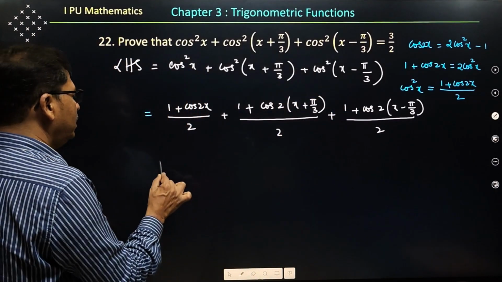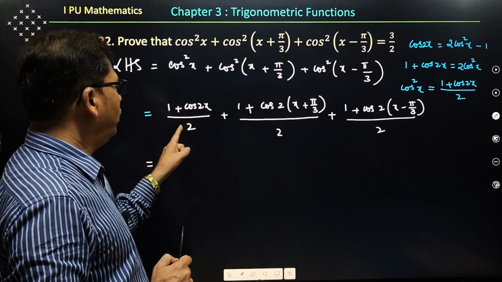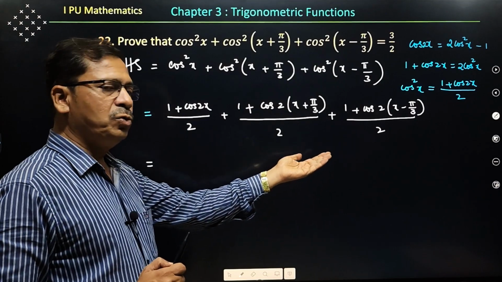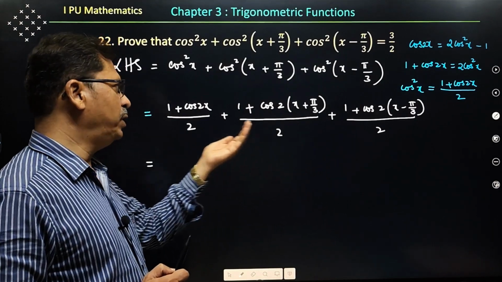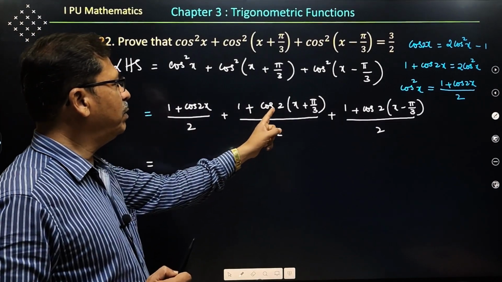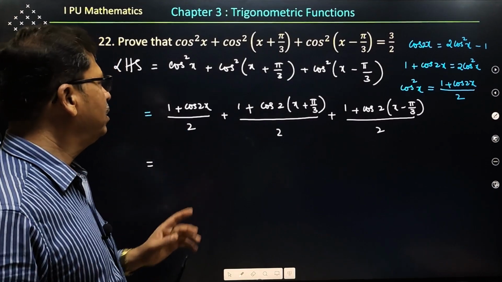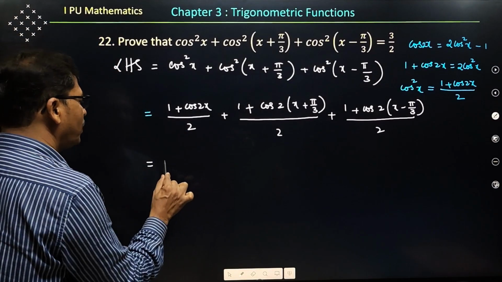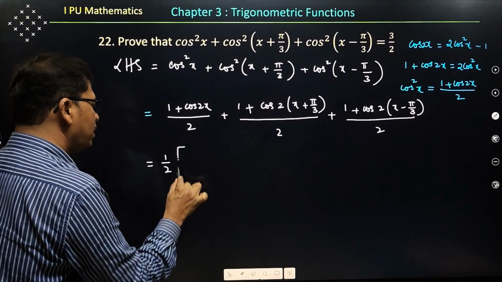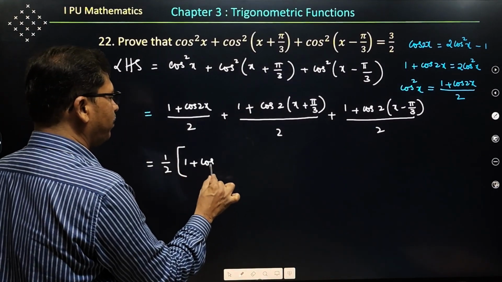Okay. Now in the next step of calculation, two changes I would like to do. 1 by 2, that is 2 is there in the denominator, that I would like to take outside. One change. Secondly, I would like to multiply 2 inside this bracket. This is the second change. With this change, what happens we see here. Take 1 by 2 entirely outside. First term remains what? 1 plus cos 2x remains.